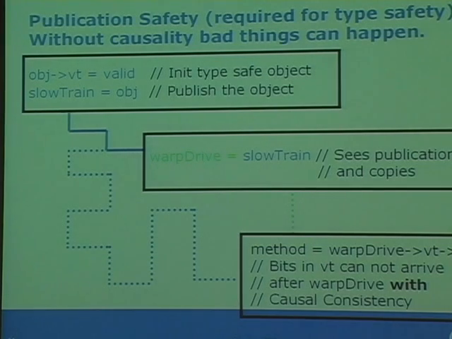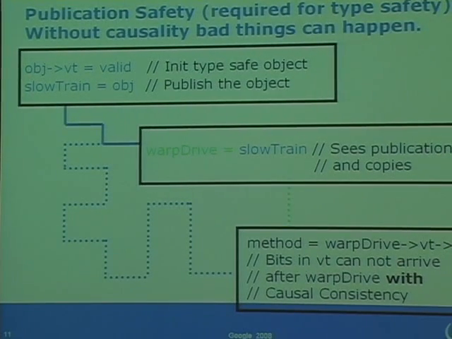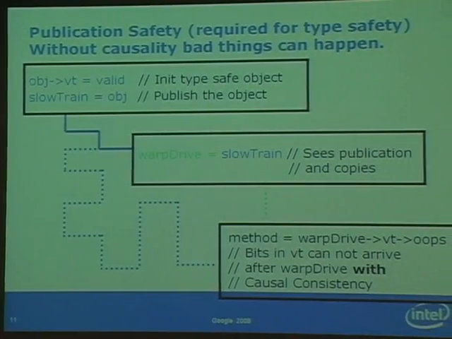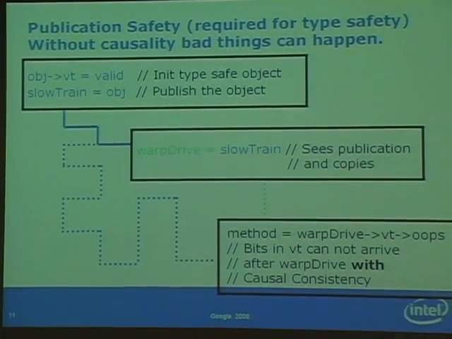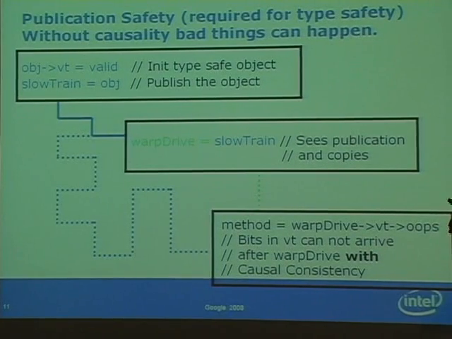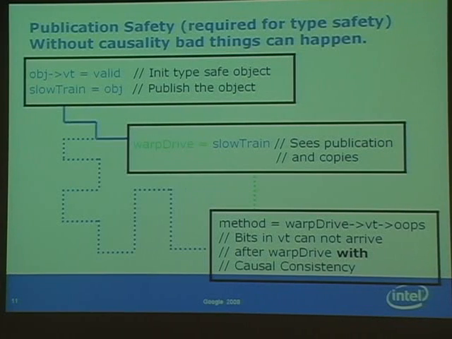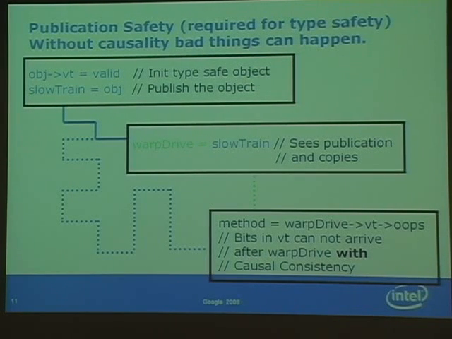So there's this thing called publication safety, which is really sort of a subset of type safety that we're going to talk about here. So assume each of these boxes are processor 0, processor 1, and processor 2. Assume you malloc up or new up an object in processor 0, and you set its vtable to something valid. And then you publish it, and this is where the term comes from.